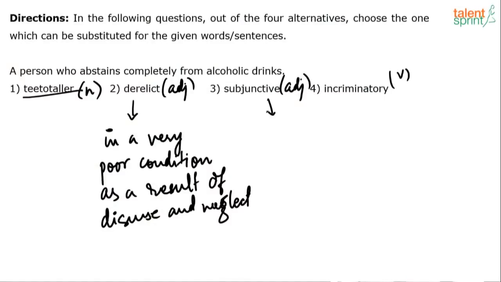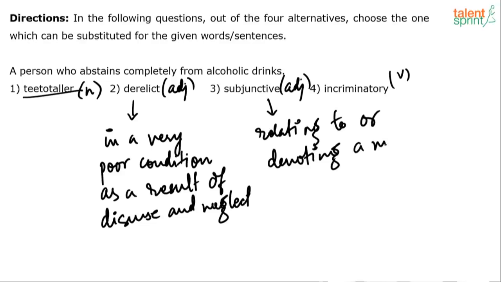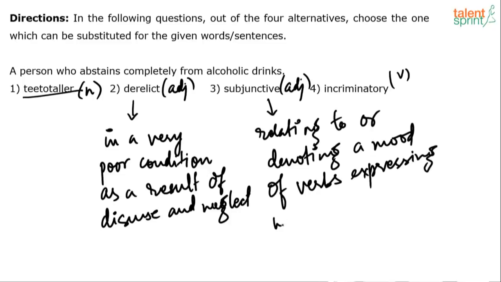Subjunctive. What is the meaning of subjunctive? Subjunctive is relating to or denoting a mood of verbs expressing what is imagined or wished.